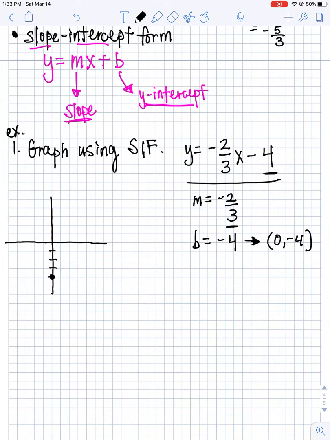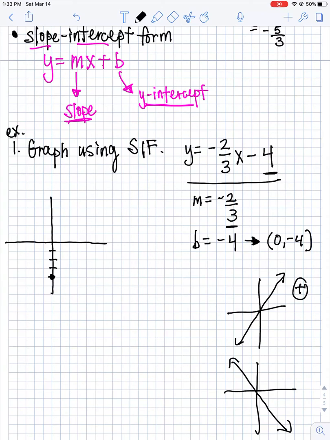Positive slope, if you looked at the PowerPoint, goes up and right. Negative slope goes down. So this is an example of a positive slope, and this is an example of a negative slope over here on the corner.